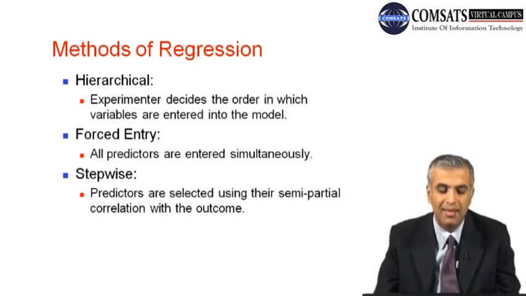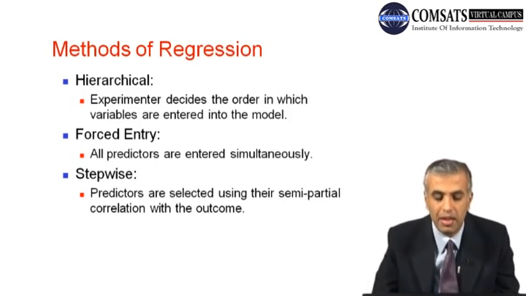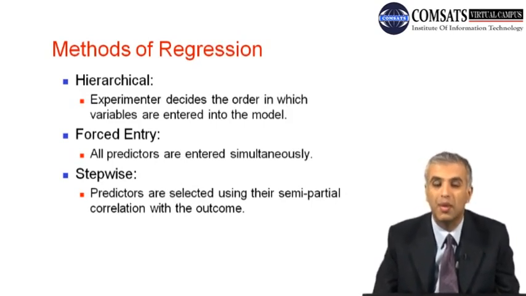Then the second type is the forced entry method, in which all the independent variables are entered simultaneously. But in order to pursue this kind of method, it is important that the whole concept is founded on strong theoretical foundations, because without theoretical justification it's not possible to enter all these independent variables simultaneously in the equation.